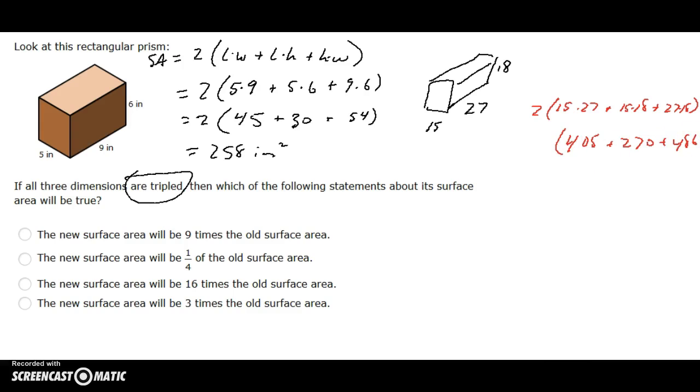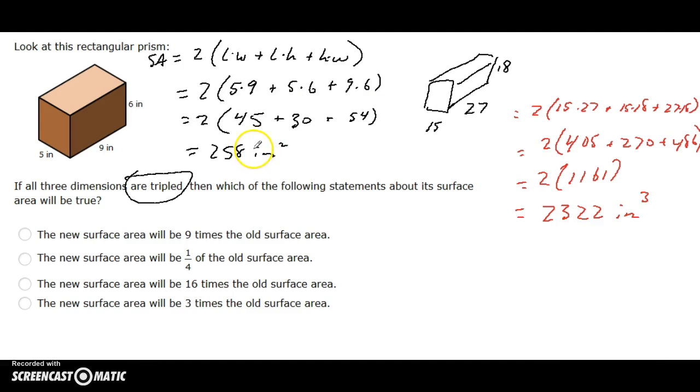So I'm going to add those all up and multiply by 2. Let's add them all up first. 486 plus 270 plus 405 is 1161. But now I need to multiply by 2. So that equals 2322 square inches.